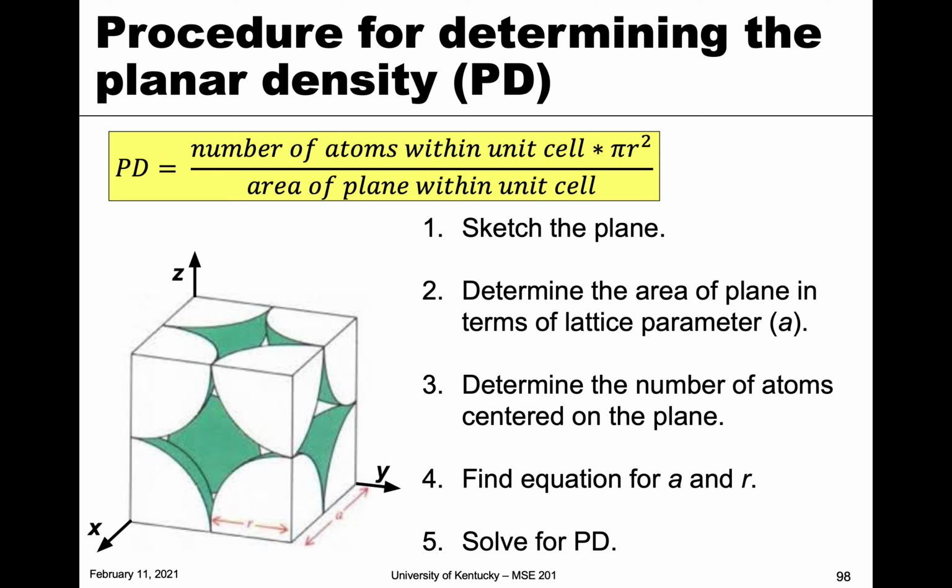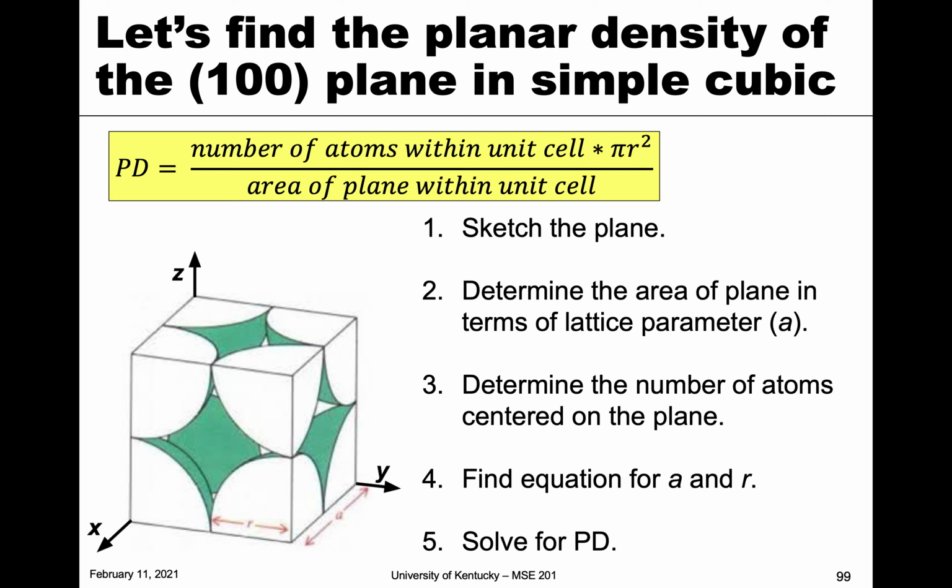Here we might have to deal with fractions. But again, that caveat of atoms centered on the plane. And then, as always, we have to have that relationship between a and R, and we do that if we don't already have that known. That allows us to simplify and solve the expression of planar density to come up with a fraction or a decimal.